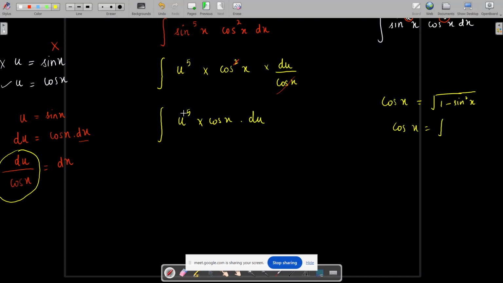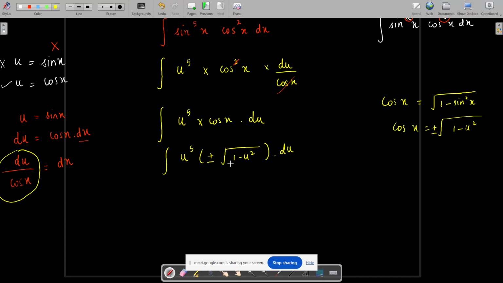Our sine is u, so we get 1 minus u square. Actually, it's plus and minus. So this is u to the power 5 times plus or minus the square root of 1 minus u square du.